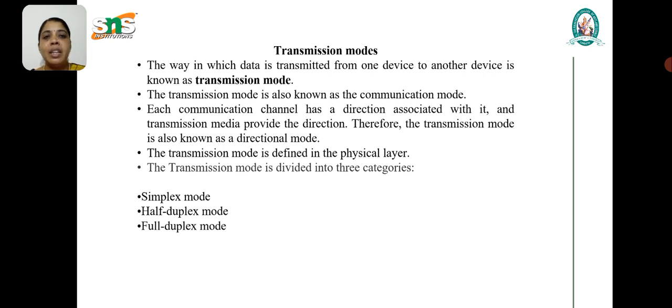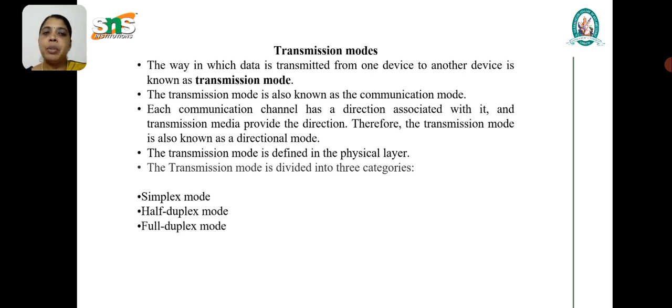So let me see the transmission mode. There are different transmission modes we are using to transmit information from one device to another. Transmission mode is also called a communication mode. Transmission means sending and receiving data from one to another, so that mode is called a communication mode.